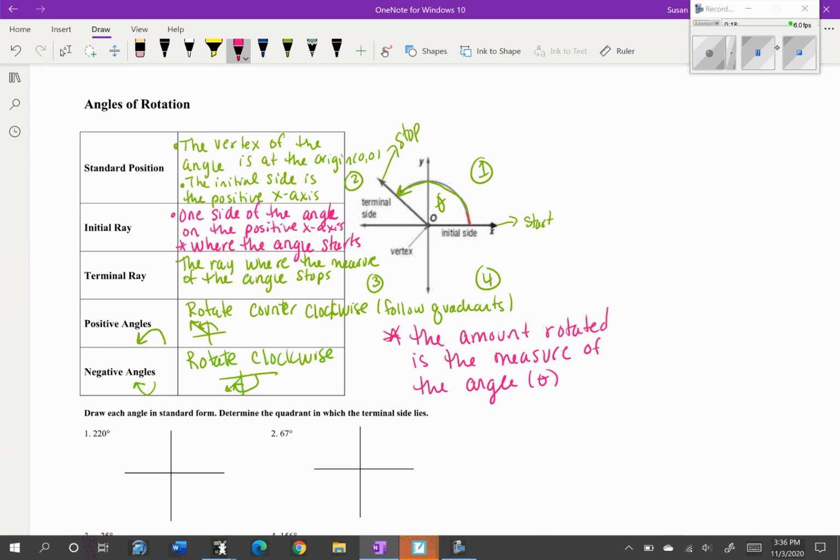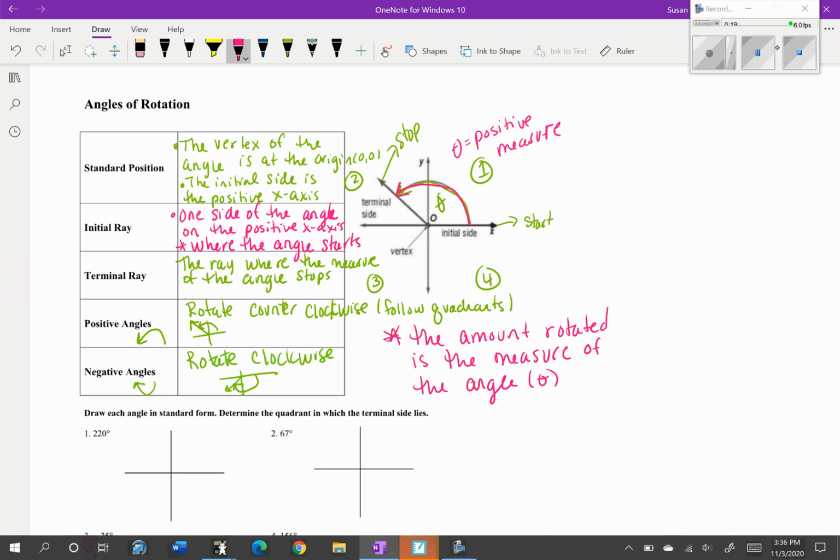So this amount that was rotated was theta, which in this case would be a positive angle measurement for this picture. If we would have gone the other direction, it would have been a negative angle measurement.